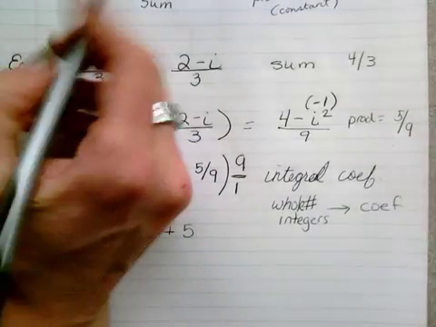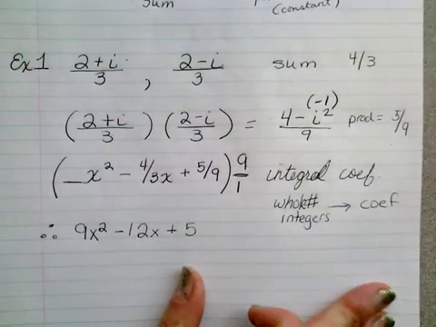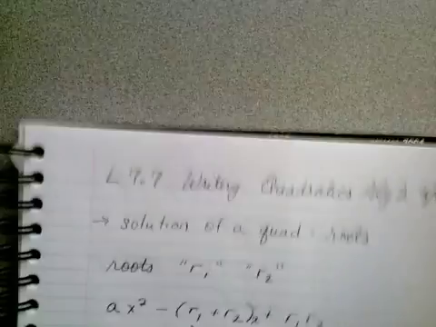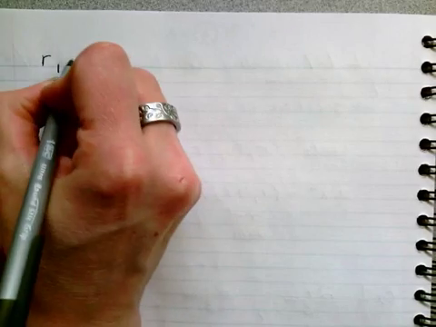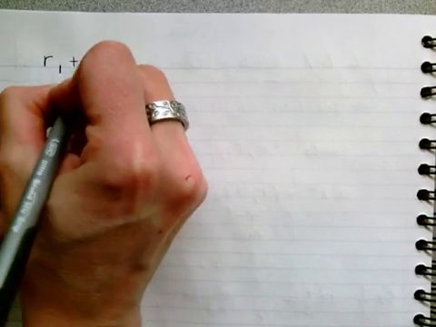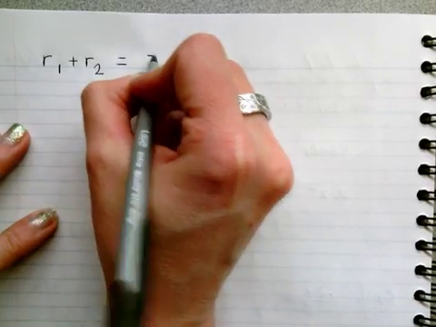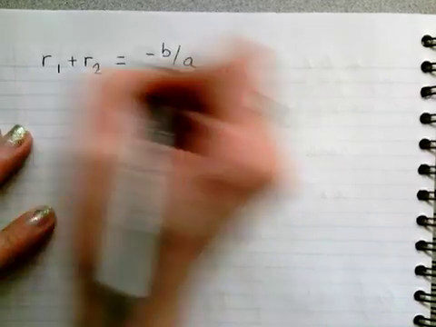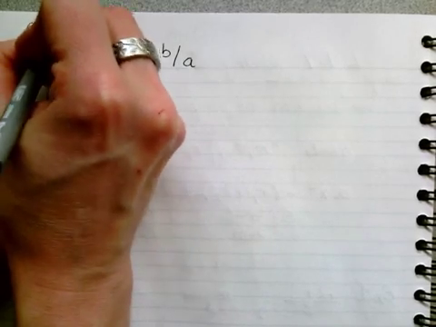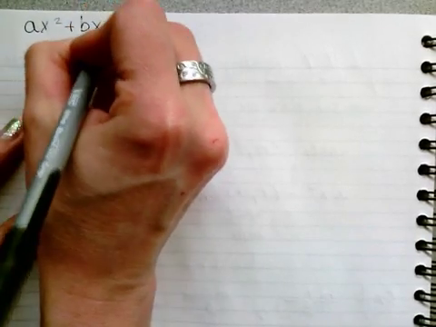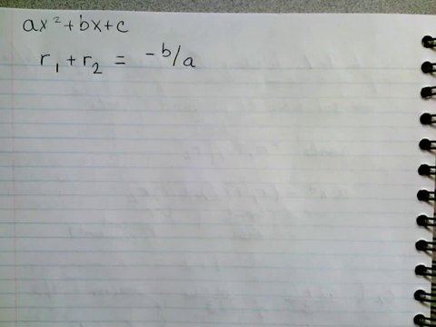Example 2. You're going to love this too. I'm still using that R1 and R2 stuff. R1 plus R2 is equivalent to the opposite of b over a, using that ax squared plus bx plus c business.